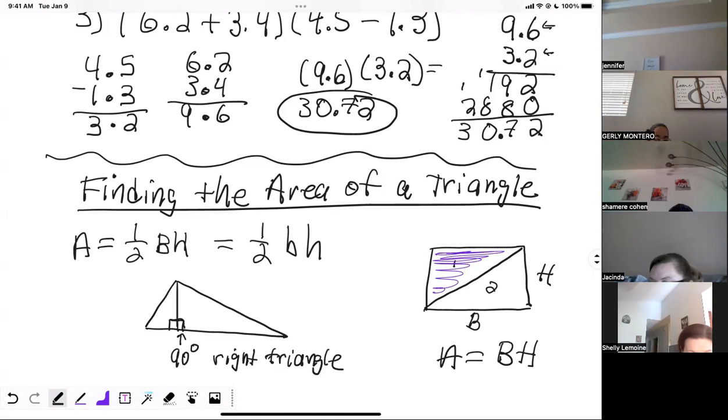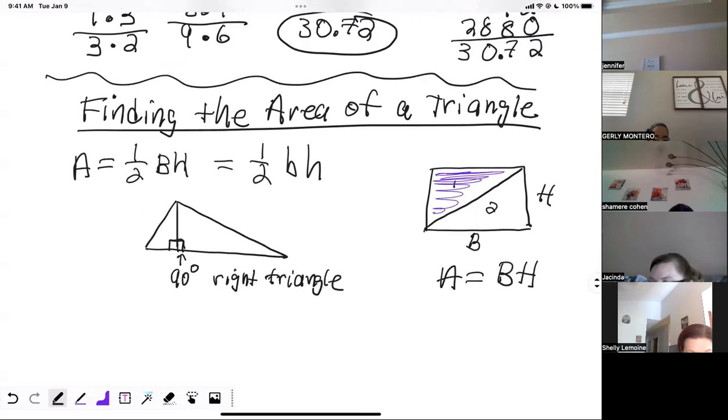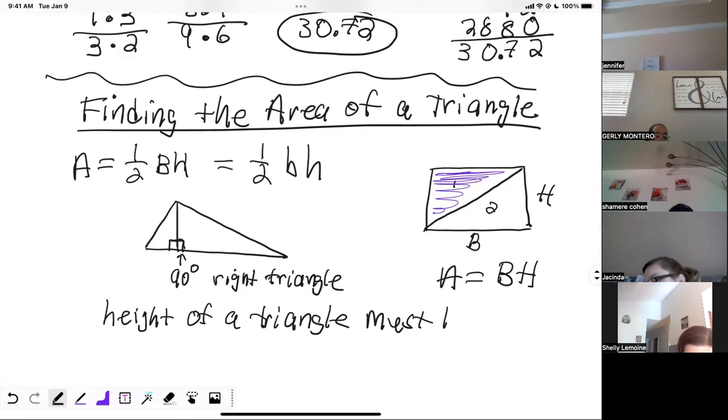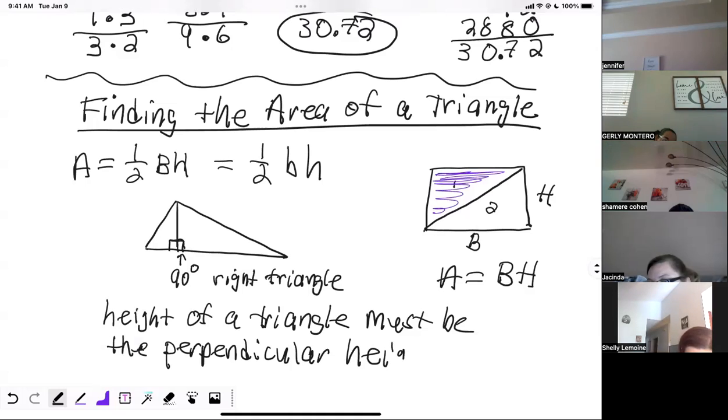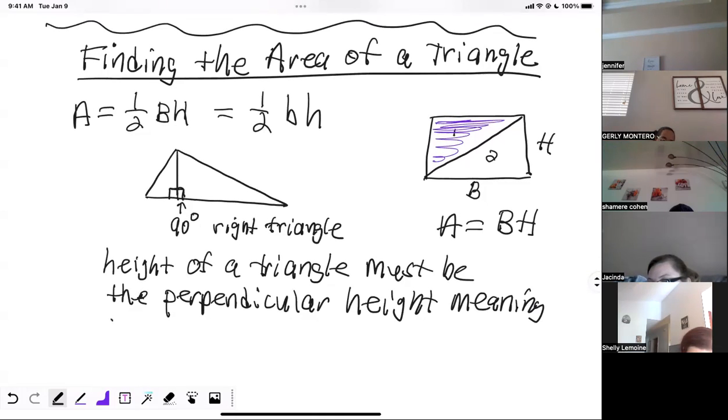The one thing I have to tell you about the height of a triangle: it must be the perpendicular height, meaning the right angle part.